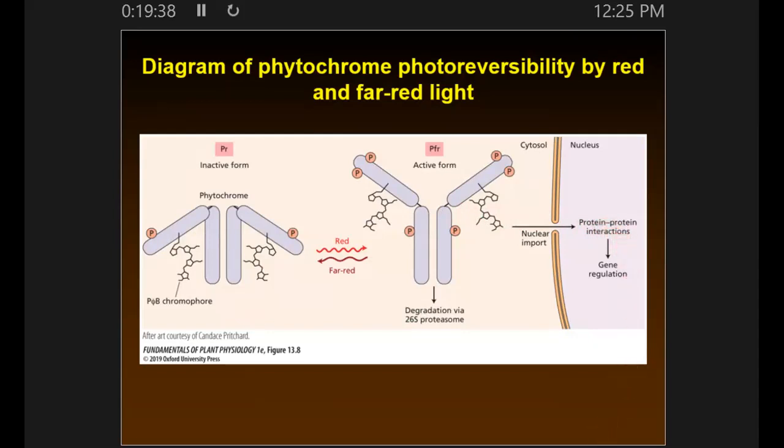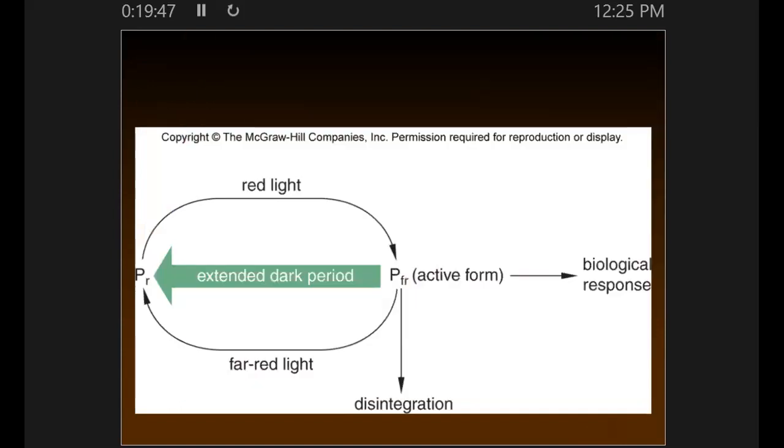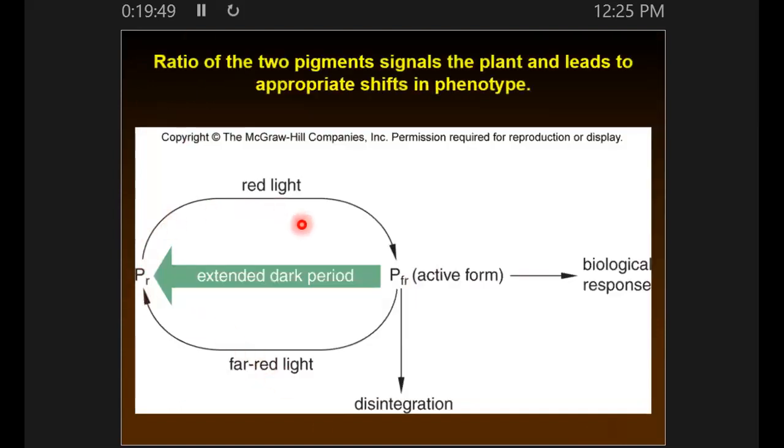Okay, so try to keep this in your head. It's a shape-shifting thing going on here. The P sub R form, if it gets hit with red light, shapeshifts into the P sub FR form, and that's the active form.